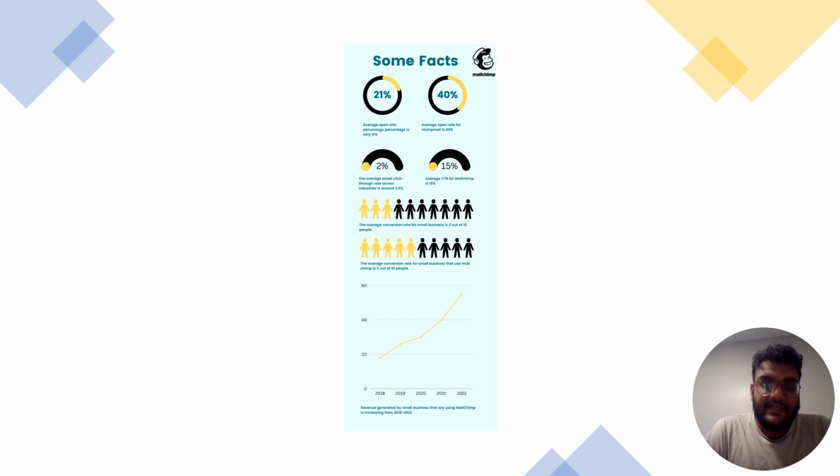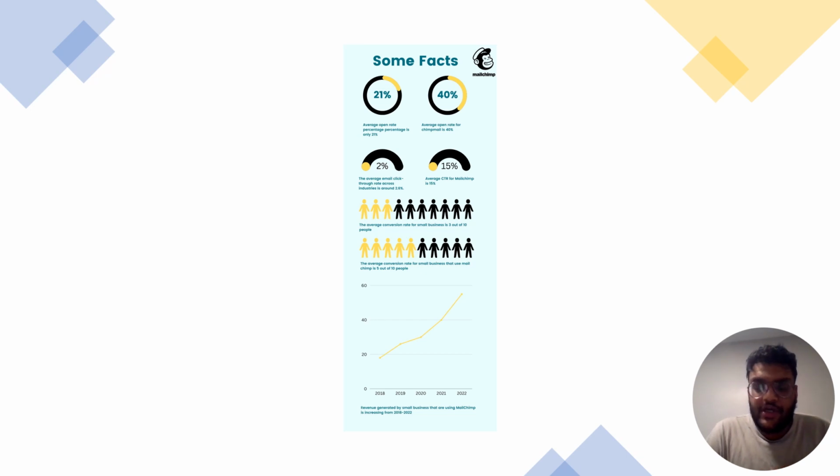This infographic is a comparison that lets you know what kind of numbers Mailchimp users are achieving in comparison to the industry average. On average, the open rate is 21%, whereas users who are using Mailchimp have reported an open rate of 40%, which is really good.